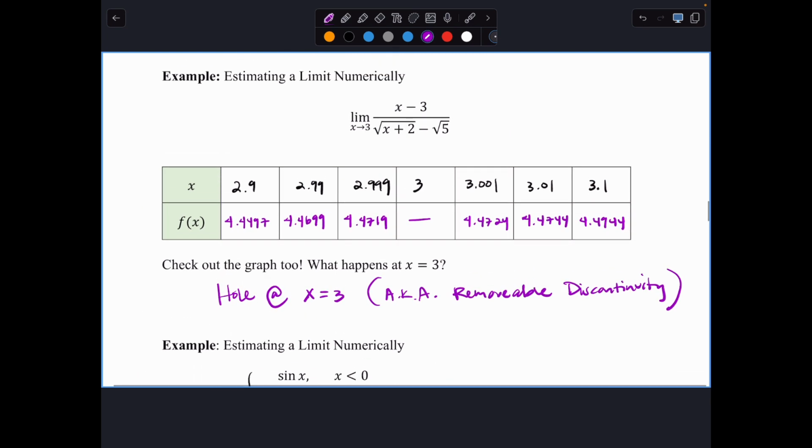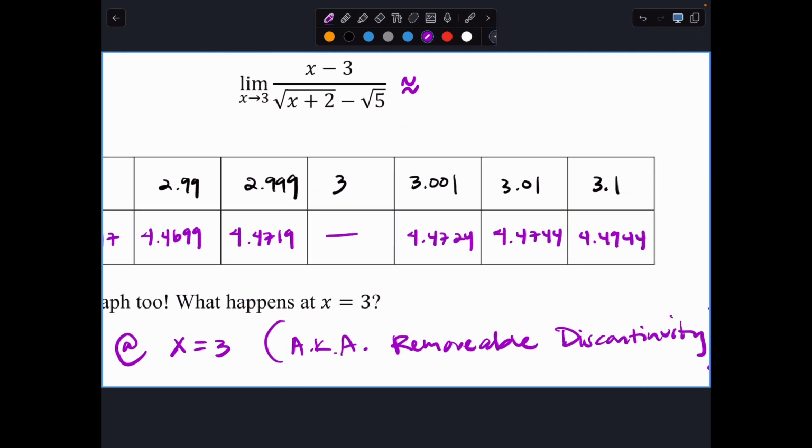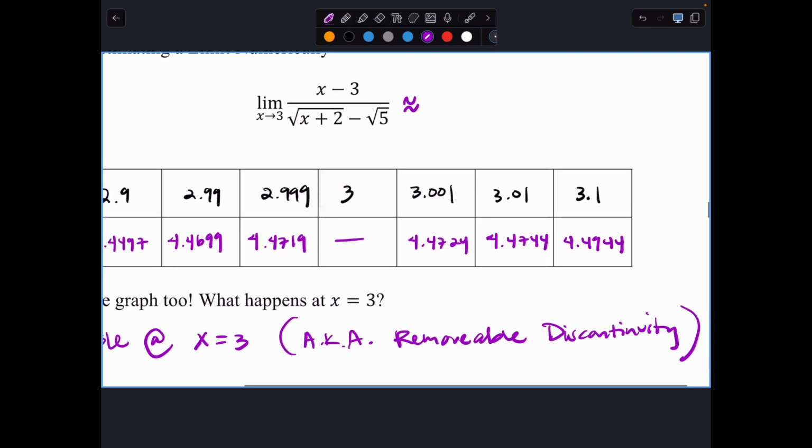So if we were trying to determine what that limit is by looking at the table, from the left-hand side, as x approaches 3 from the left, what does it seem like the function values are trending towards? 4.4722, something like that, right?